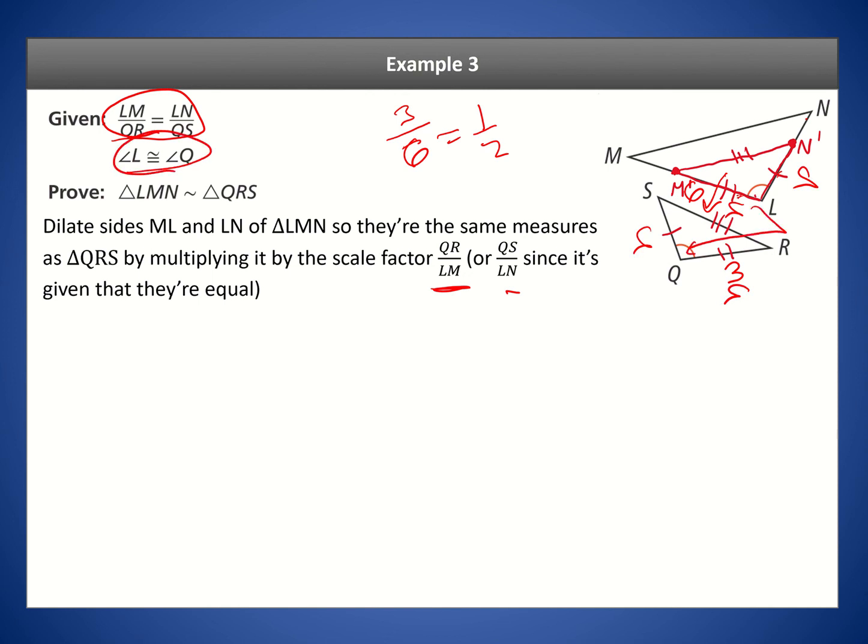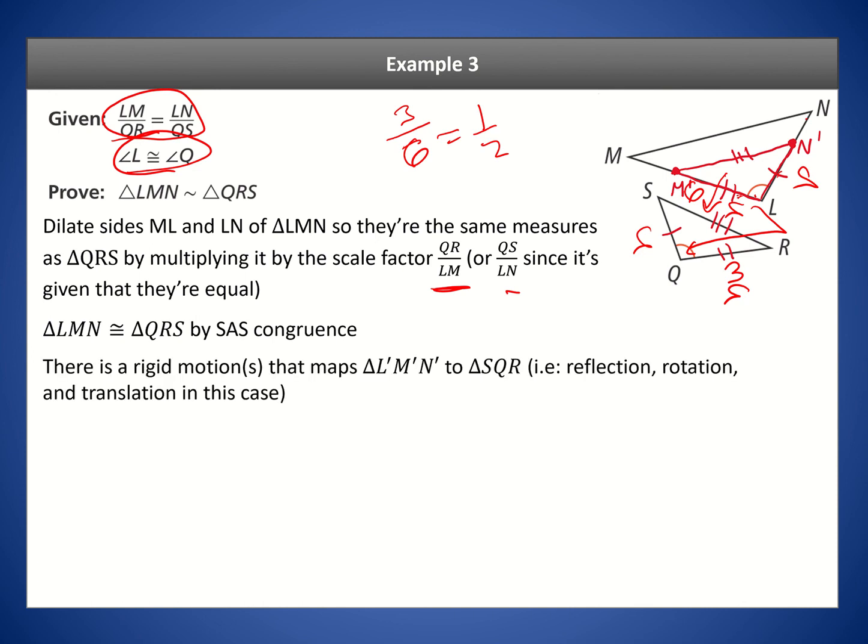So that means the 2 triangles are congruent by SAS, and therefore there exists a rigid motion to get from one to the other. What is that rigid motion? Well, you can reflect this triangle. So maybe it looks like this when you reflect it. And then you can rotate it and then translate it, and then that will get you from one to the other.